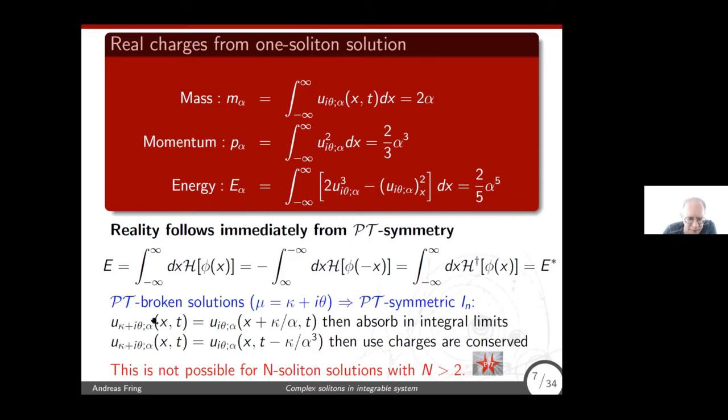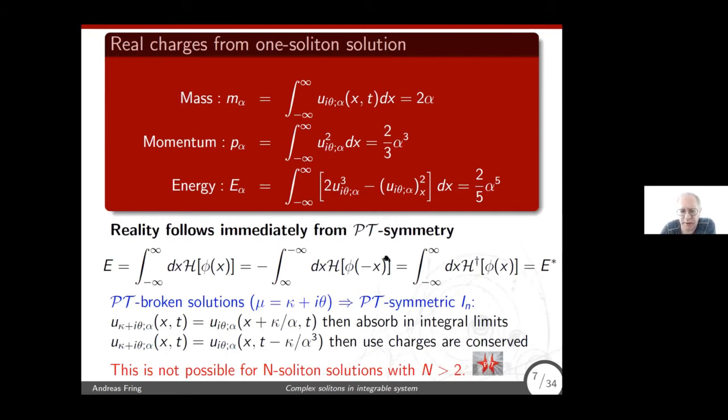Since this alpha parameter refers to the speed, I will get different types of shifts, and we will no longer be able to absorb these quantities in the limits, or use the fact that we have conserved charges. So we need some other arguments. This puzzled us. Why are the solutions real, despite the fact that PT symmetry is broken?